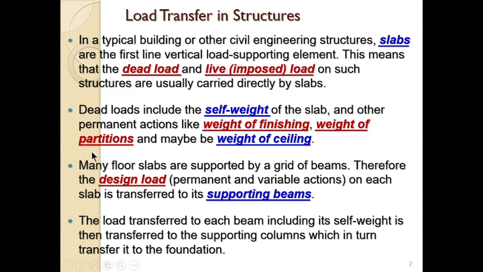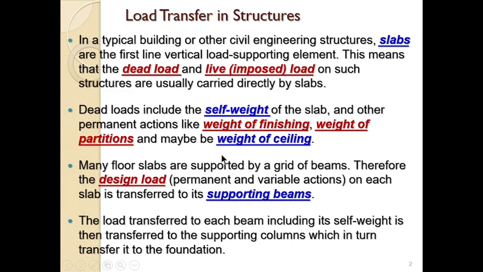Many of the slabs in our usual building designs are supported by grid beams, that means the beams at the edges of the slab. Therefore the design load of the slab, that is all the permanent and the variable action on each slab, is transferred to the supporting beam.